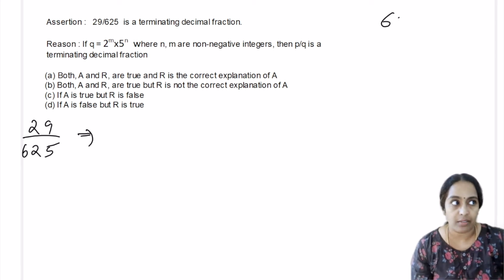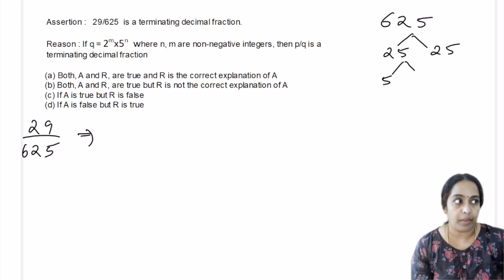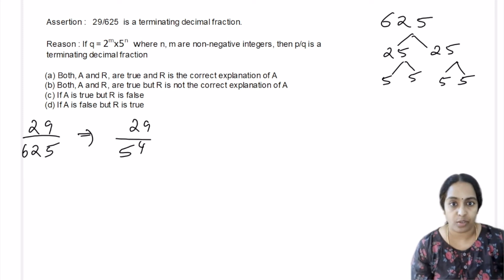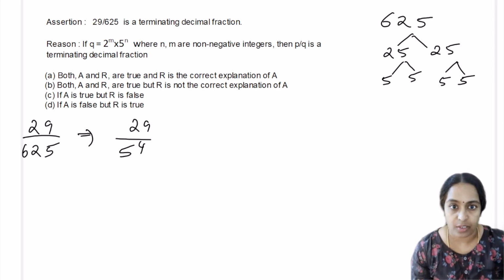So let's take the factors of 625. 625 is 25 square. So it's going to be 5 into 5, again you have 5 into 5. So you have 5^4 in the denominator. So denominator is having the factors of 5, which means it is definitely a terminating decimal fraction. So assertion is a true statement.